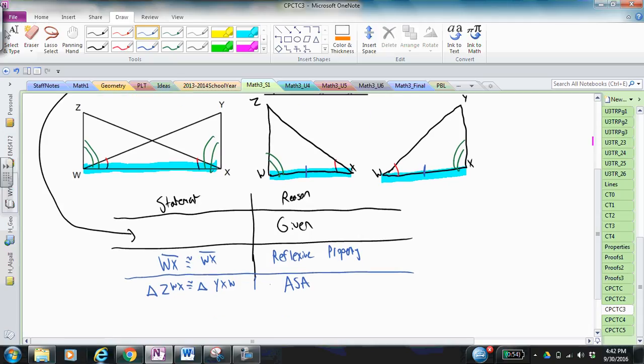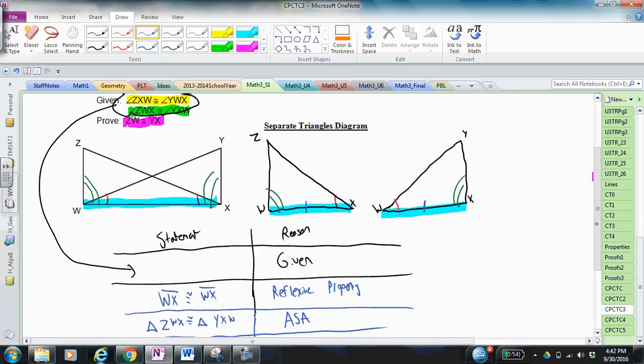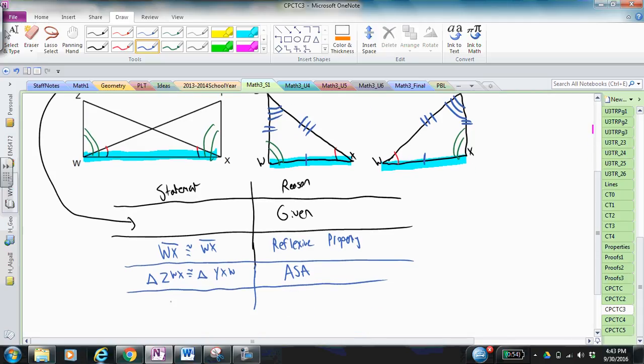And now here's where I can bring in my proof statement. So now that I know the triangles are congruent, I know that these angles must be congruent. I know also that the remaining sides that correspond must be congruent. So ZW is congruent to YX due to CPCTC.